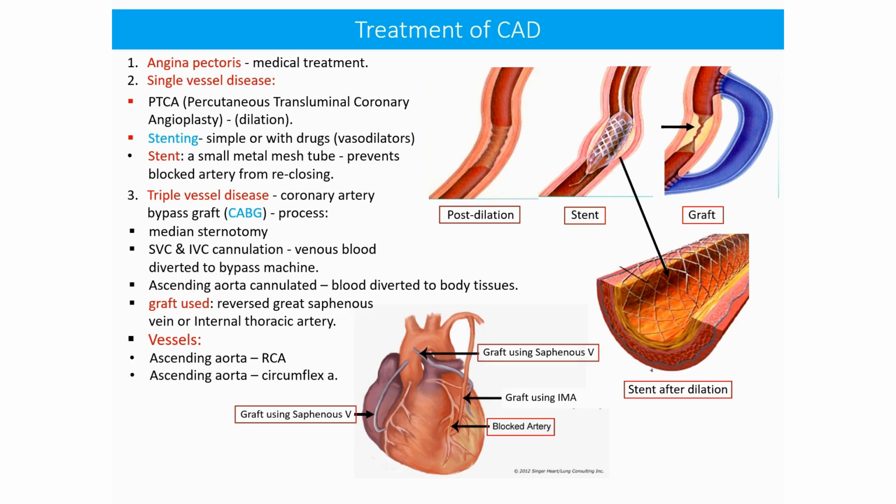Number two, ascending aorta with the circumflex artery for the blockade of the left coronary artery. And number three, internal mammary artery or internal thoracic artery with left anterior descending or anterior interventricular artery for the blockade in the anterior interventricular artery.